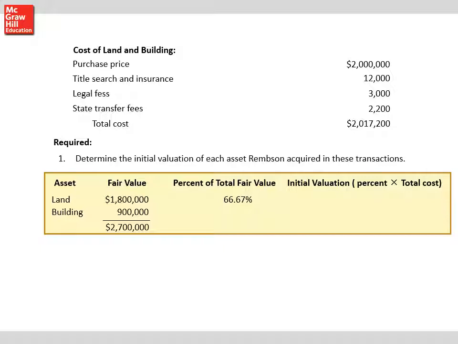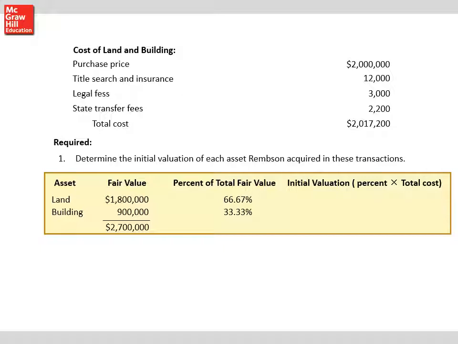So 1.8 million divided by 2.7 million, 66.67% of the fair value is allocated to the land. 33.33%, or the $900,000 fair value of the building, divided by the 2.7 million total fair value, is allocated to the building.